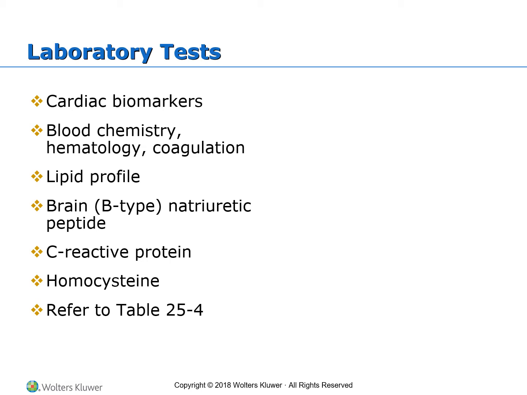So your CK will show up around the same time as your troponin, but it is only there for about 48 hours, and then it will go back to normal. So when you do all three together, you can really isolate and give your best estimate of when the MI took place.